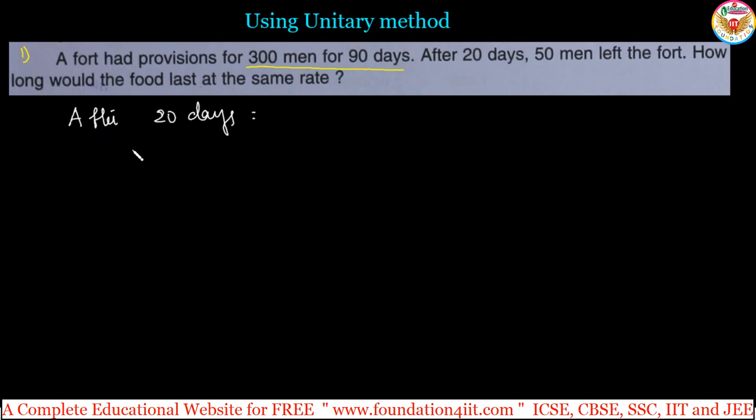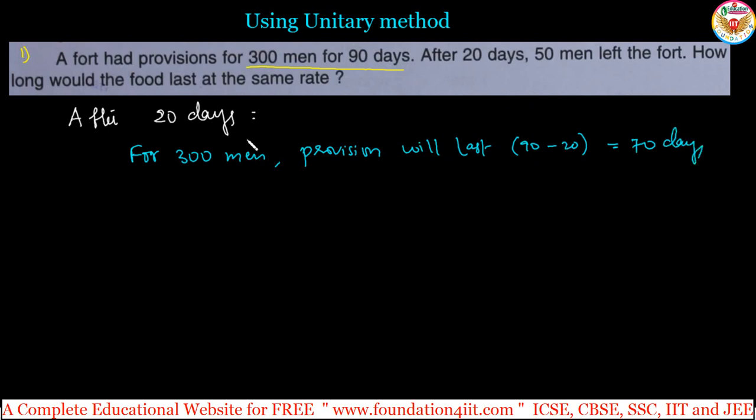After 20 days, for 300 men the provision will last 90 minus 20, because 20 days are over, so the remaining 70 days. That means after 20 days the food is sufficient for 300 men for 70 days now.